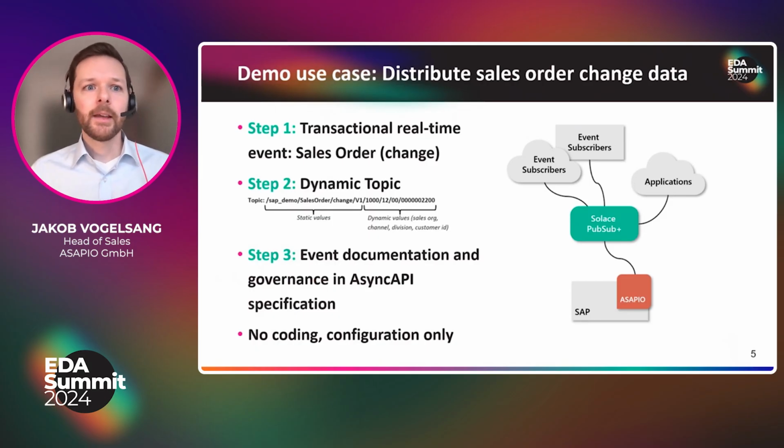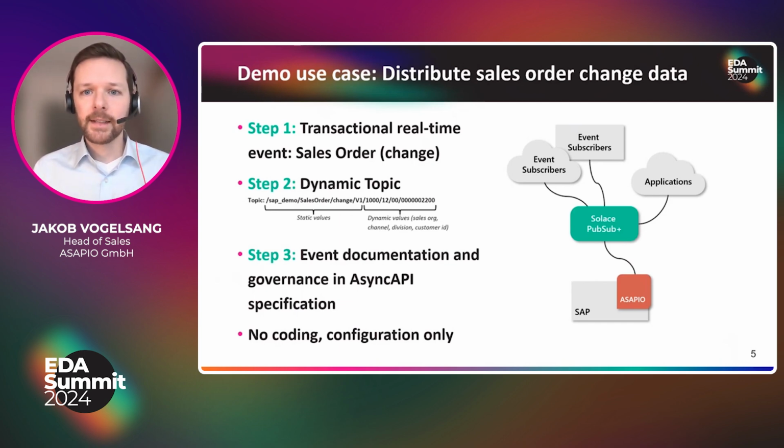Great. So we have seen in our demo use case how, first of all, a transactional real-time event can be defined in ASAPIO and then sent to Solace as the event broker. We have modeled a sales order change event and defined a payload, so which fields are part of that event that we want to publish to the broker in real time.